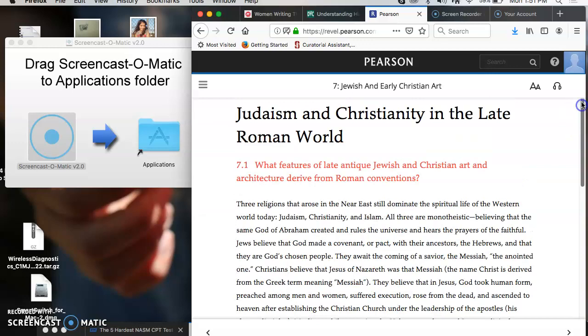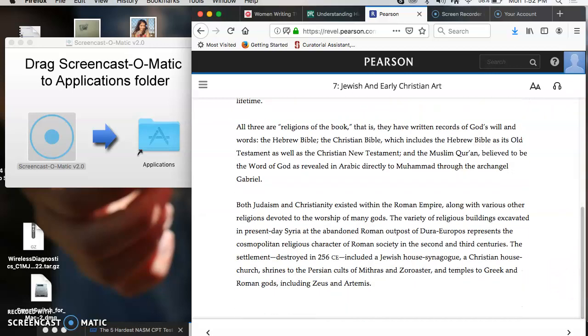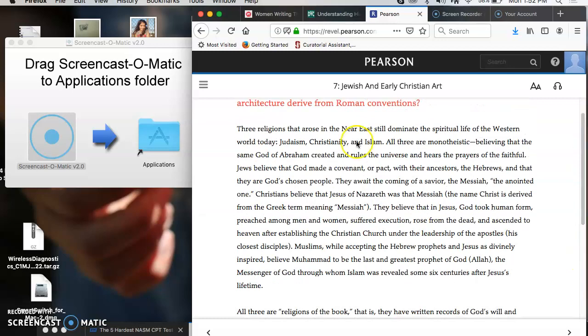Because what's happening is those religions are going to expand and basically change from being underground minority religions to becoming a dominant religion, for Christianity, that is. So read carefully here how they're explaining to you the religious character of Judaism, of Christianity.